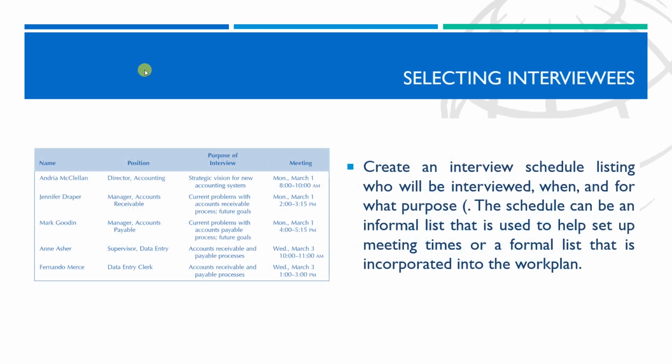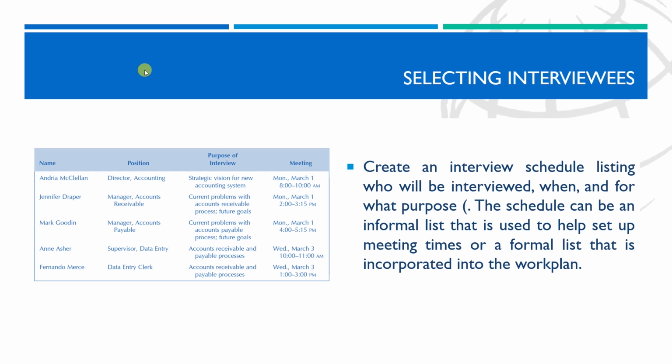The first step in interviewing is to create an interview schedule listing who will be interviewed, when, and for what purpose. We can consider making a table like in the example. The schedule can be an informal list that is used to help set up meeting times, or a formal list that is incorporated into the work plan.